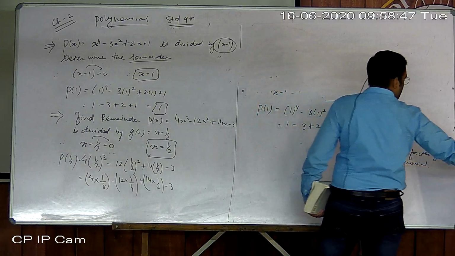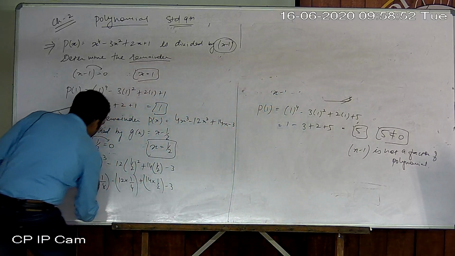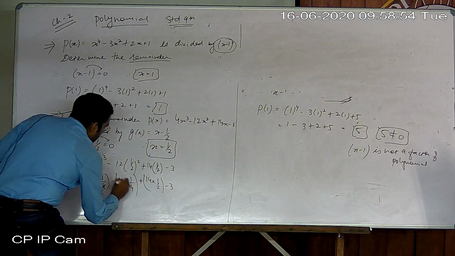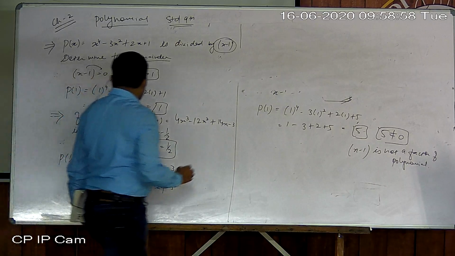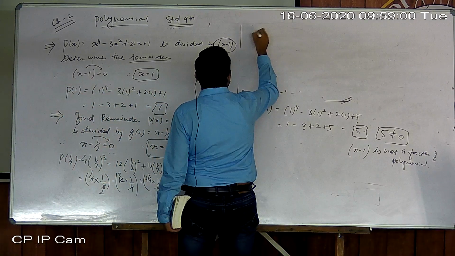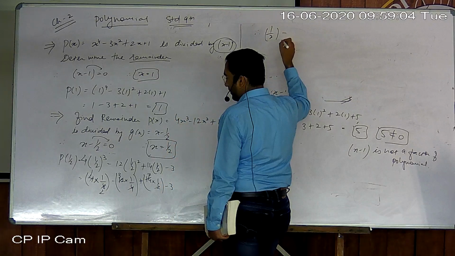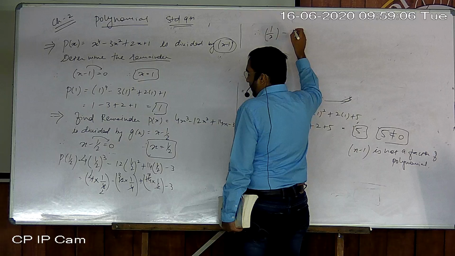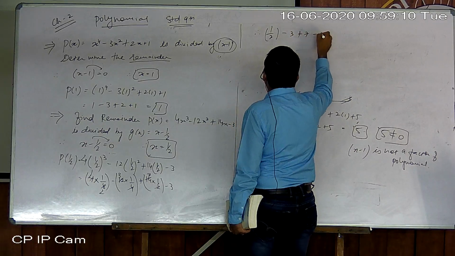So what we found: 4 ones are 4, 4 twos are 8, 12 threes are 3, 14 twos are 7. So now here it is 1 by 2 minus 3 plus 7 minus 3.